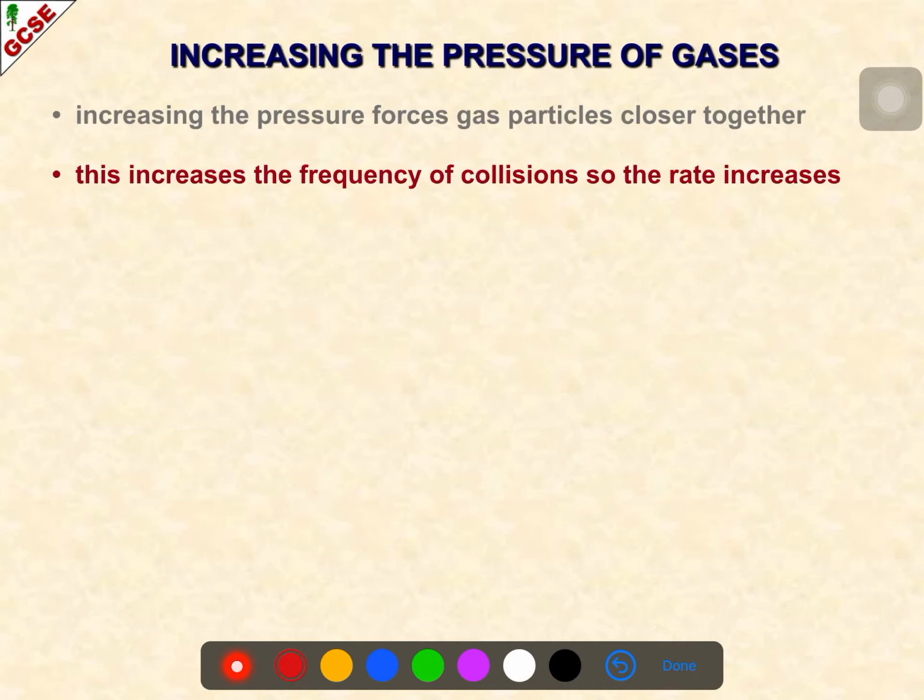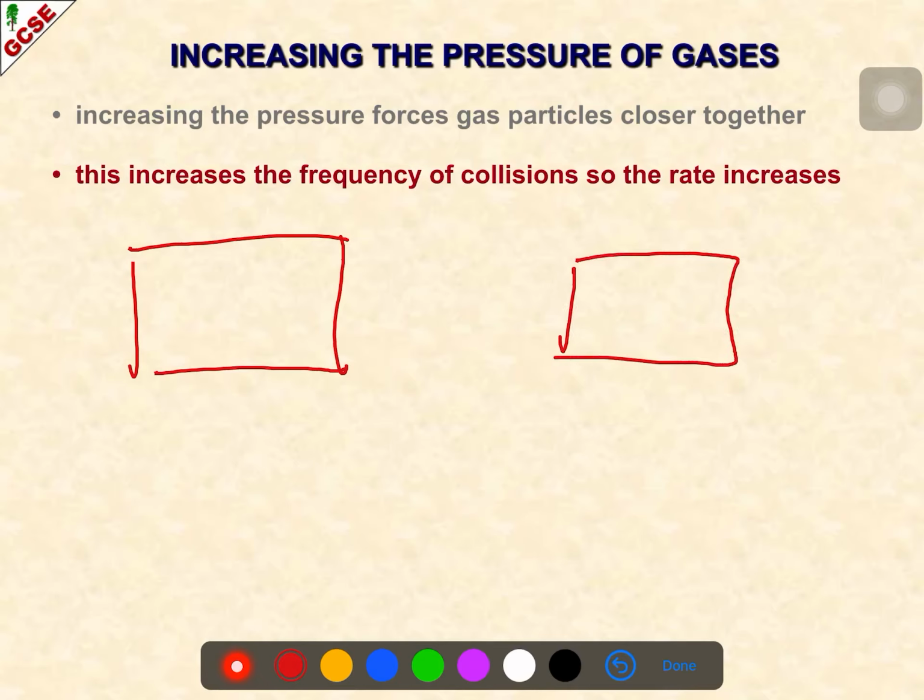So when you are increasing the pressure, let's talk about this one. When you increase the pressure, what happens to the volume? It decreases. So this one has a lower pressure, and this one has a higher volume.